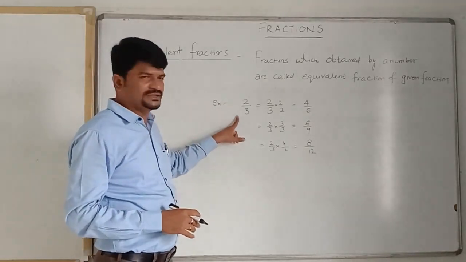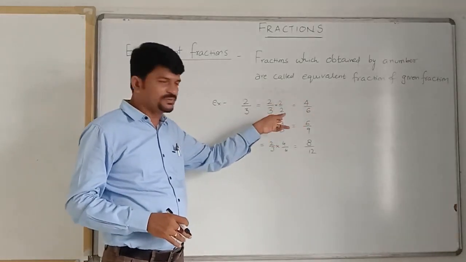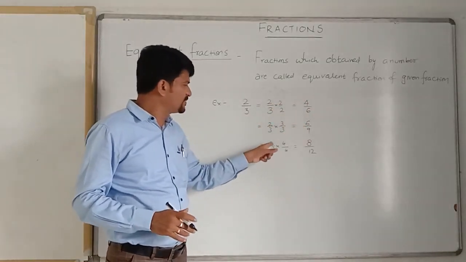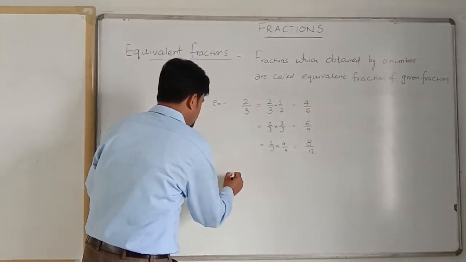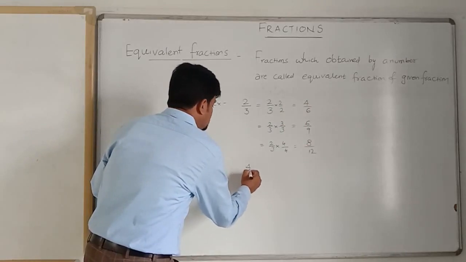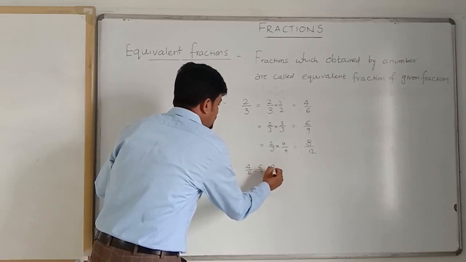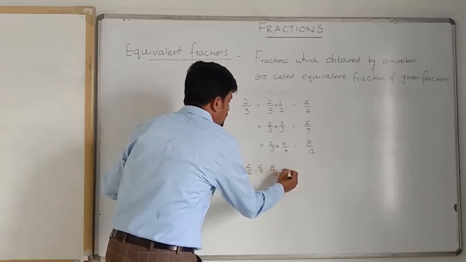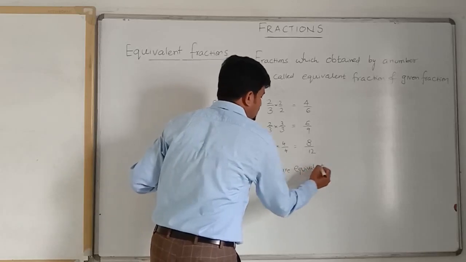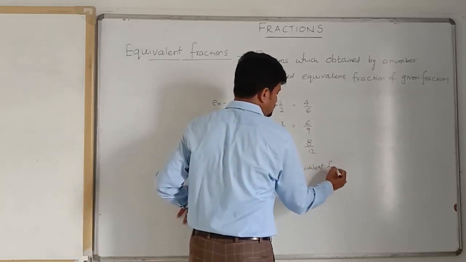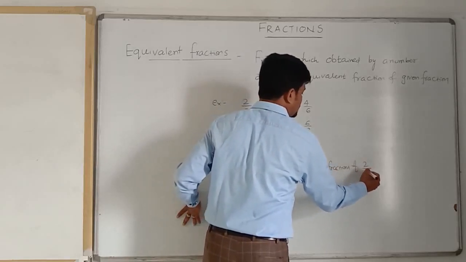For example, 2 by 3, multiplying with 2, we get 4 by 6. Multiplying with 3, we get 6 by 9. Multiplying with 4, we get 8 by 12. Therefore 4 by 6, 6 by 9, 8 by 12 are equivalent fractions of 2 by 3.